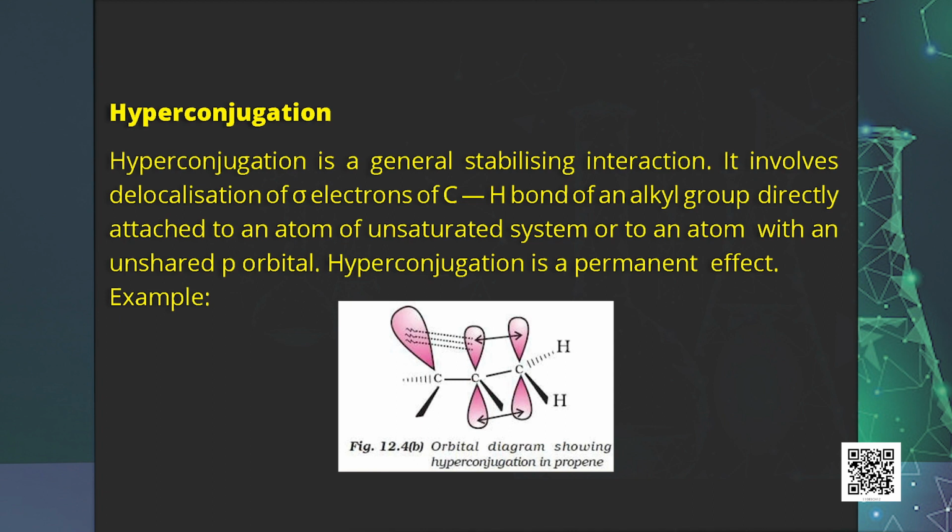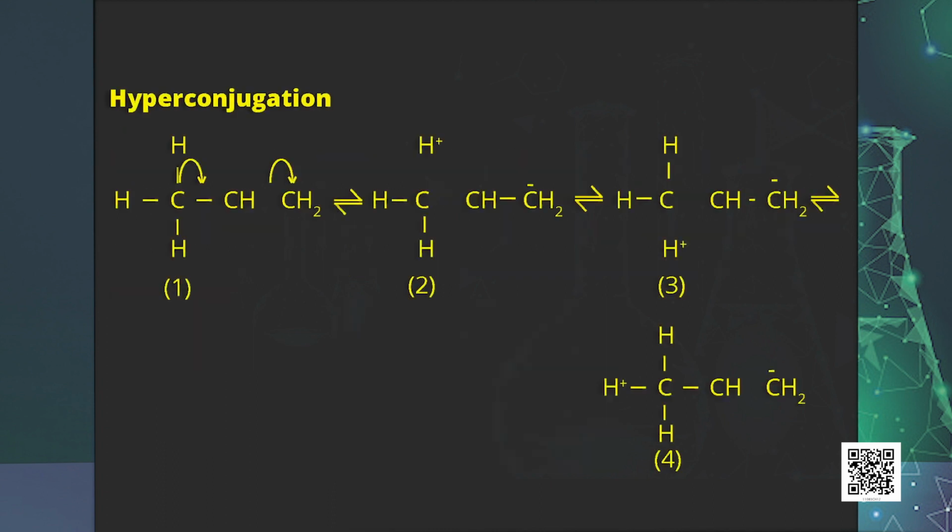To understand hyperconjugation effect, let us take the example of ethyl carbocation, as you can see in the slide also, in which the positively charged carbon atom has an empty p orbital.